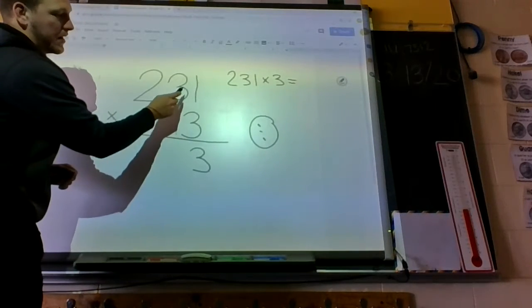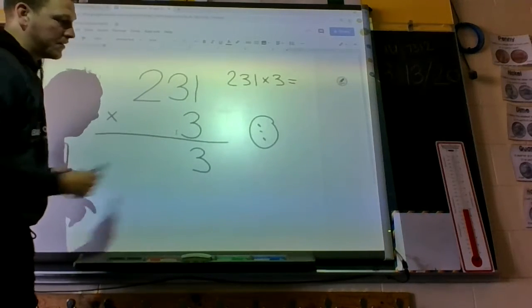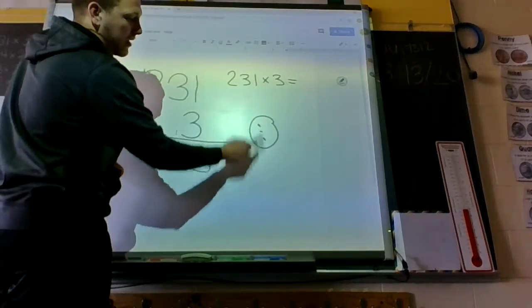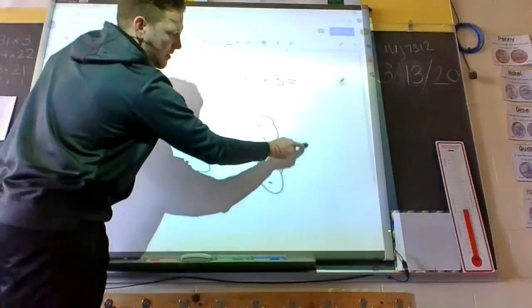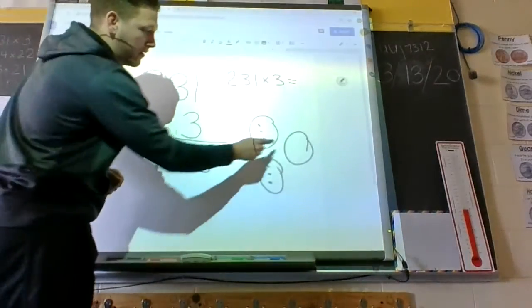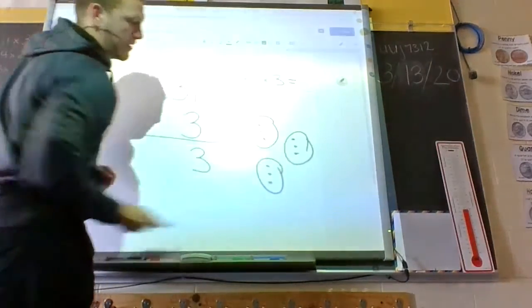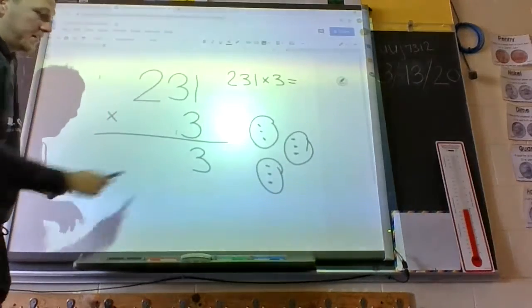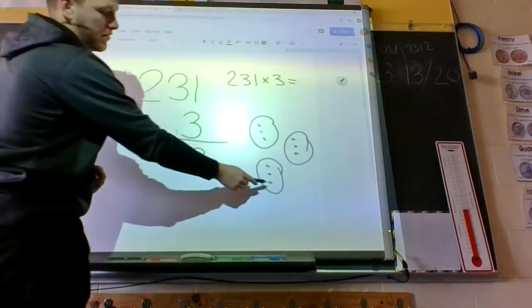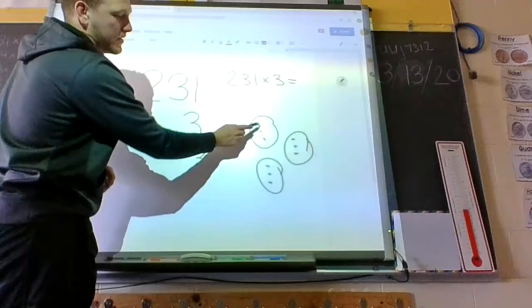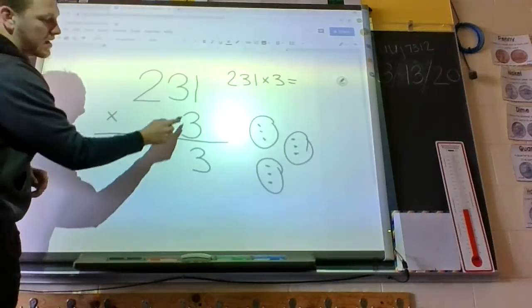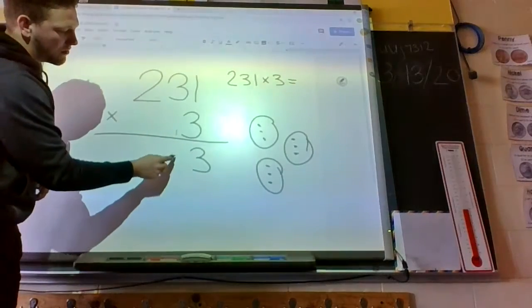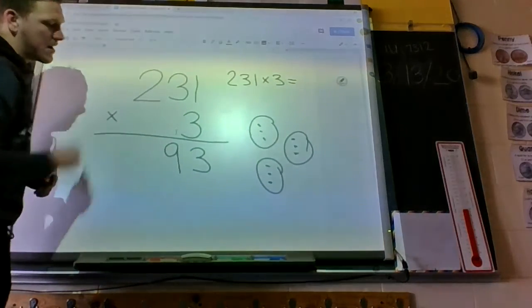We know if we have 3 times 3, we'd have one group with 3 in it, another group with 3 in it, and one last group with 3 in it. And then we would count those up. 1, 2, 3, 4, 5, 6, 7, 8, 9. 3 times 3 is 9. We come right below this 3 and I'm going to write that 9.